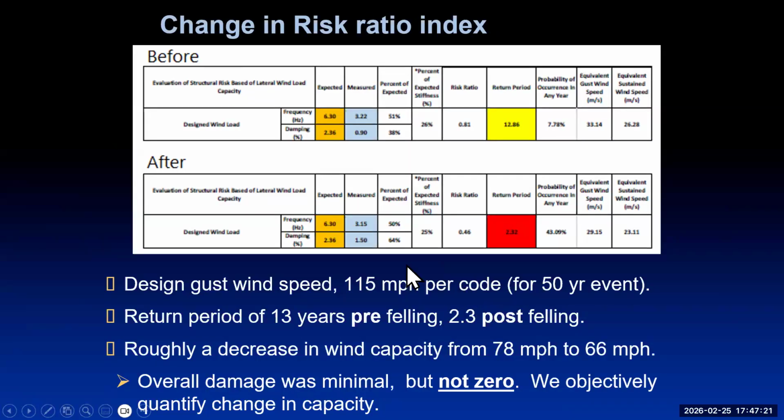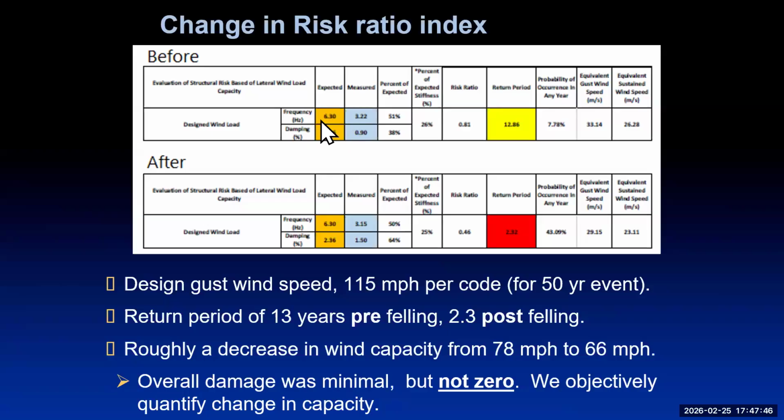What we found was that the fundamental mode should have been 6.3 hertz based on some normal predictors on frequency, and it was half of that. So it had 50% of the stiffness, or the frequency relevant to stiffness, and that is going to create a fourfold increase to the same force in displacement.